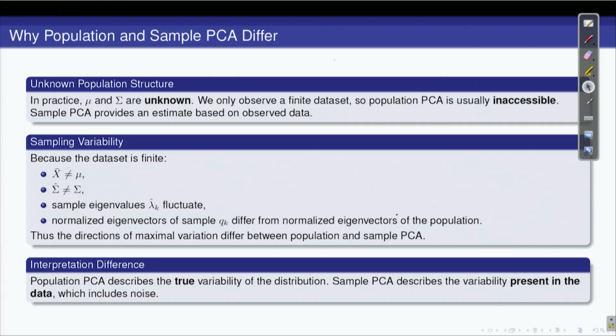But that is the same issue with all sample-dependent problem solving approaches. So, fluctuation in the sample will get reflected in the fluctuation in the sample PCs. So, you take different samples, you may get different directions.